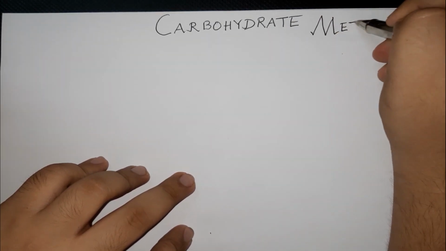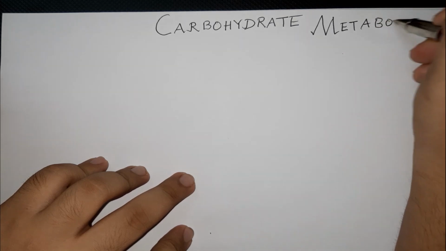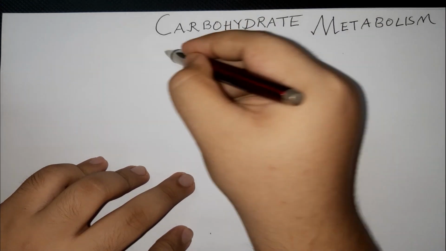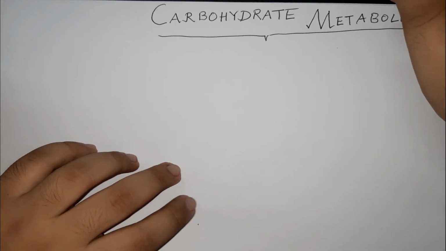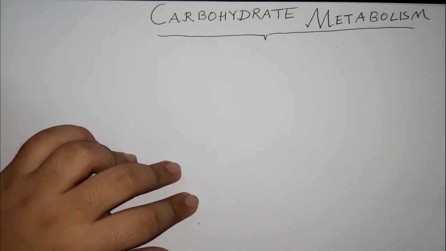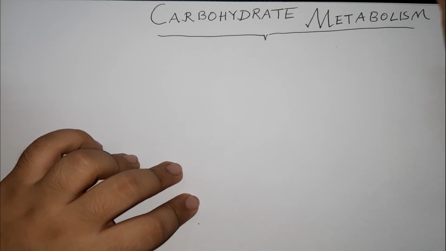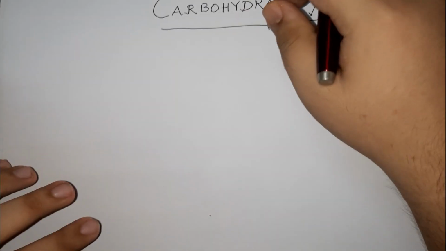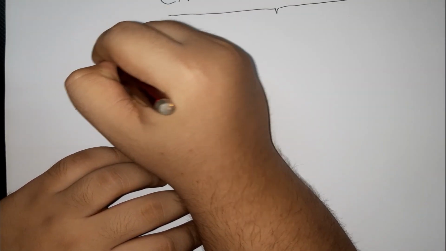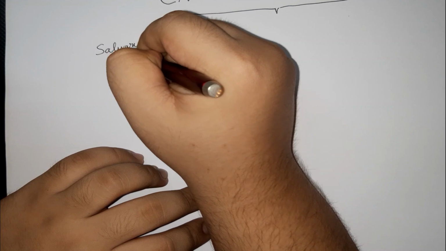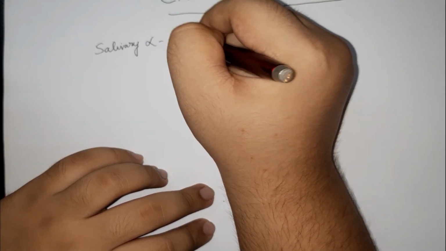Now, as far as the digestion of carbohydrates is concerned, I think we have all studied it many times, in many of our previous books, in general biology. So there's nothing much to talk about. We already know that the digestion of carbohydrates starts in the mouth itself by the salivary alpha amylase enzyme.